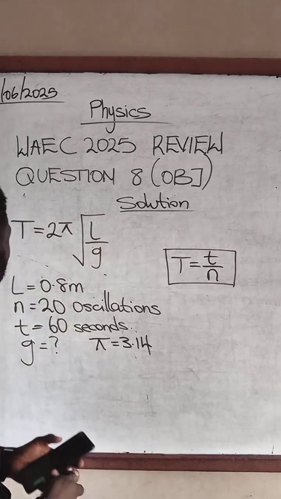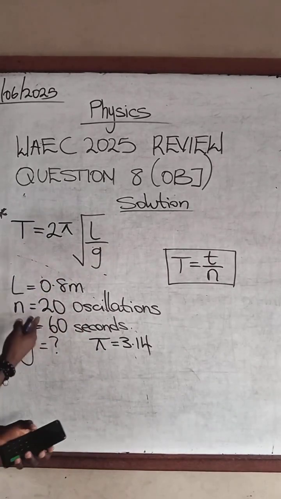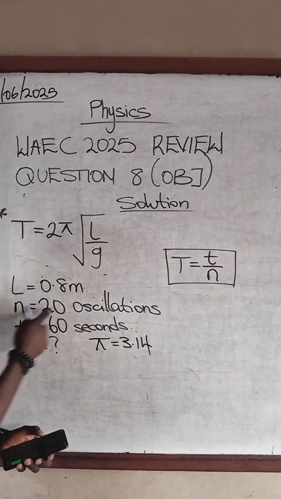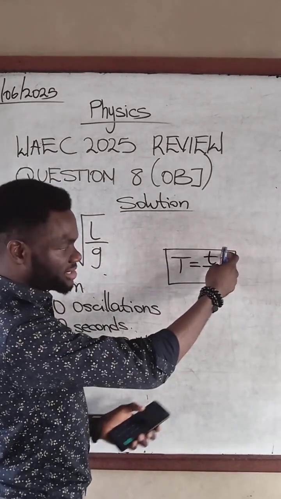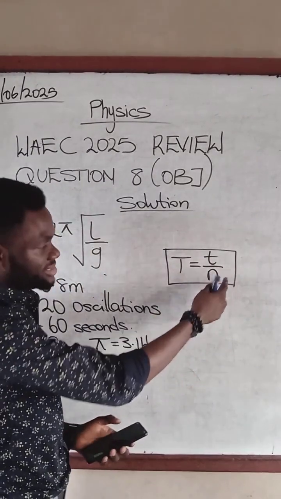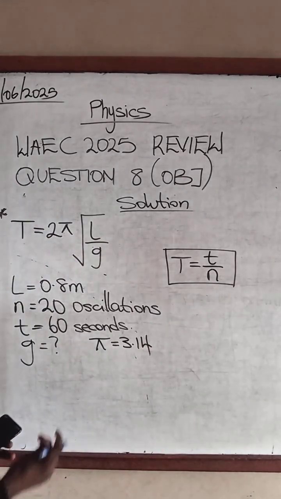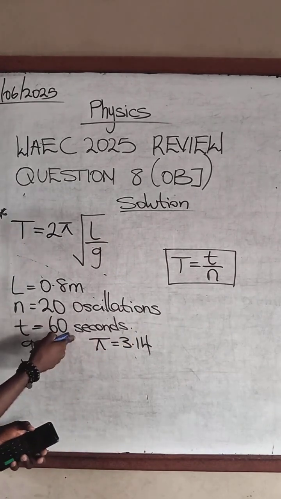If we observe also, the period is not given directly, but we are given some parameters that can help us obtain the period. The period is the time taken for a body undergoing simple harmonic motion to carry out a number of oscillations. From the question, we are given the 20 oscillations that were performed in 60 seconds.